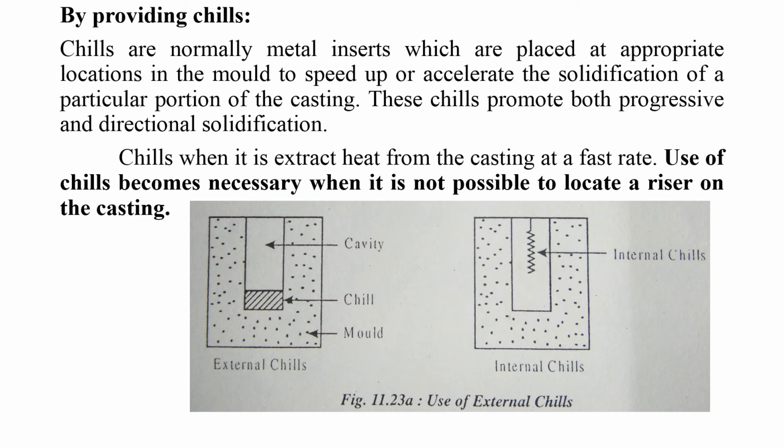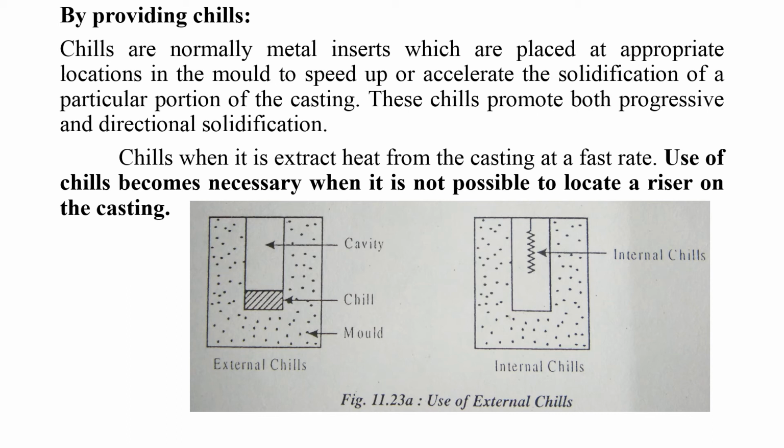Okay, so chills extract heat from the casting. The main function of chills is to extract heat from the casting at a fast rate; in a short time you can extract the heat from the casting. Use of chills becomes necessary when it is not possible to locate a riser on the casting.